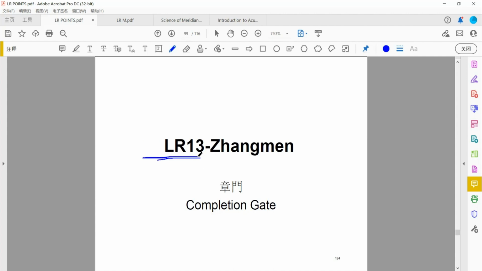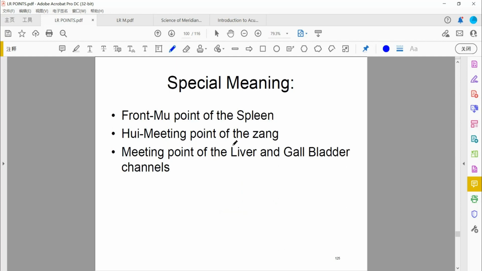Liver 13, Zhangmen. So this one is a good point, it has several special meanings. From the spleen, right?